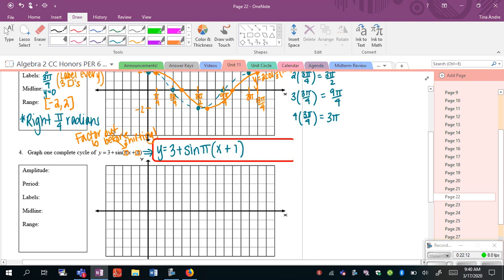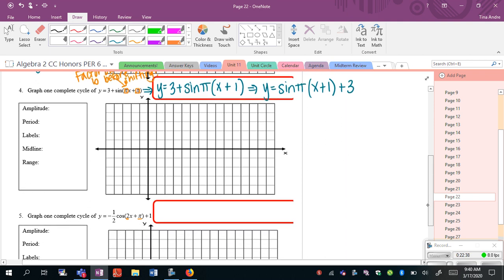If I were to distribute that pi, I would get exactly where I started. And in terms of graphing, let's put that +3 at the end because that's where we normally see it. So we have sine of pi times (x plus 1), plus 3. From here, it's exactly the same thing that we've been doing. I think you'll be fine with finishing this one.